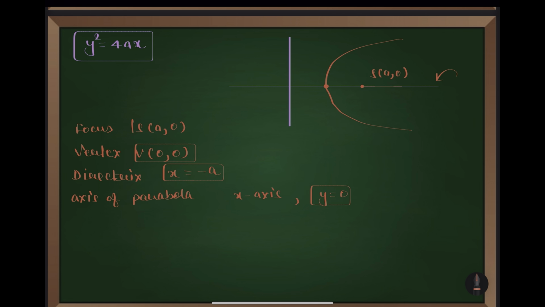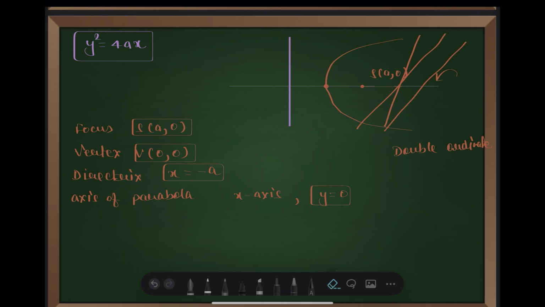I'll tell you some details as well. Few more are left. Now suppose that, look at this. This is double ordinate. You know that there will be lots of chords we can make, है ना?